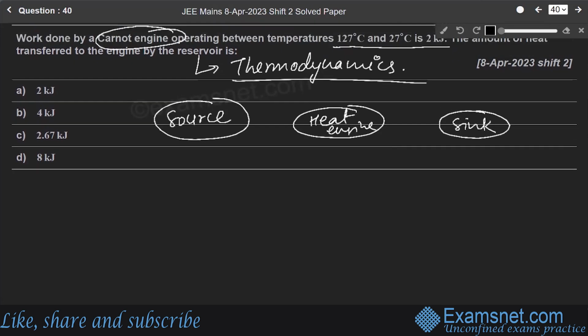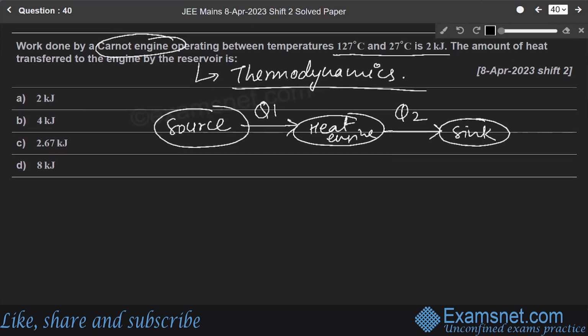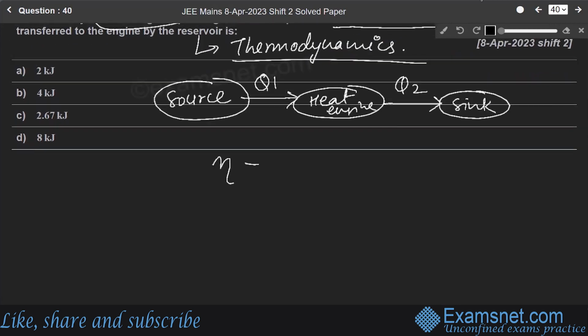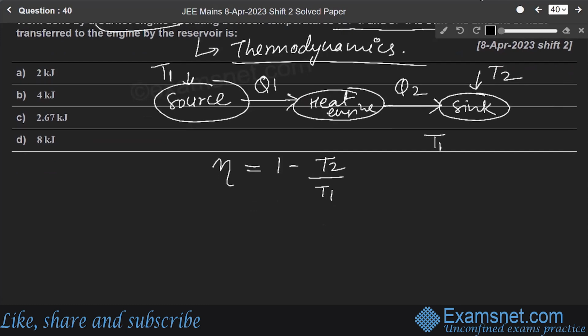Okay, so the amount of heat that is transferred from source to heat engine is Q1, and the amount of heat that is transferred from heat engine to sink is Q2. So a term called eta, the efficiency, is equal to 1 minus T2 over T1. This temperature is T1, this temperature is T2. Always remember, the temperature of the source is always greater than the temperature of the sink.